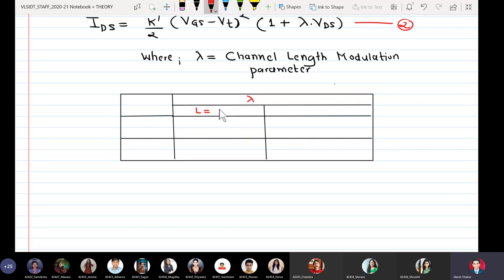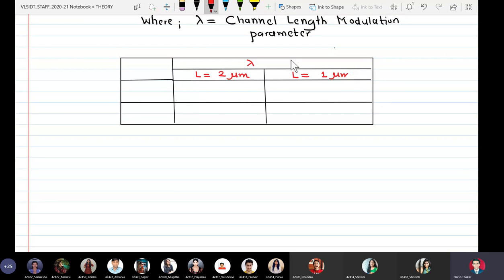So the value of CLM parameter for NMOS device with L equal to 2 micrometers is 0.01.